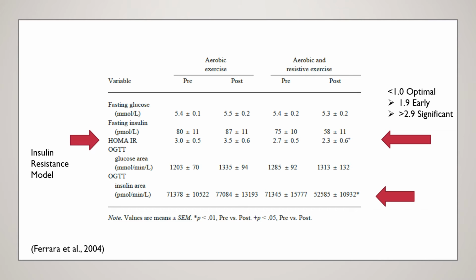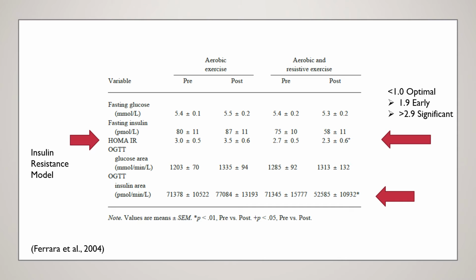For us to understand what that means, it's important to ask, what does that value mean? What's normal? Basically, if your value is greater than 2.9, you are significantly likely to have insulin resistance, and that would be like pre-diabetes.